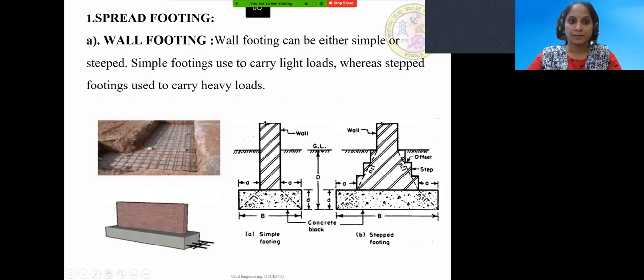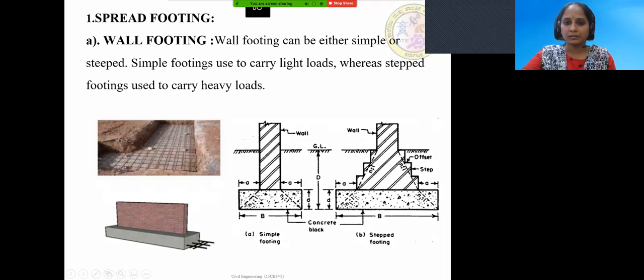In spread footing, the first type is wall footing. What is wall footing? A wall footing can be either simple or stepped, based on the load carrying criteria, whether we are considering a very light load or a heavy load. Based on that, we'll decide whether the footing should be simple or stepped.